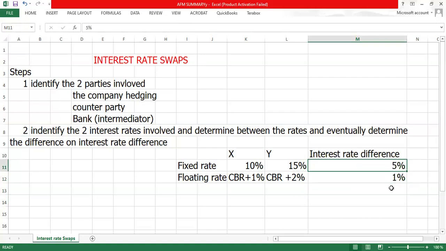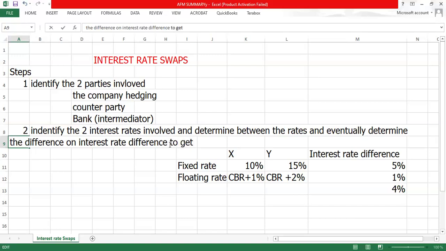Of course, here you need to do a subtraction. 5 minus 1, what do you get? You'll find that here you have a difference of 4. So that difference will give you the gain.